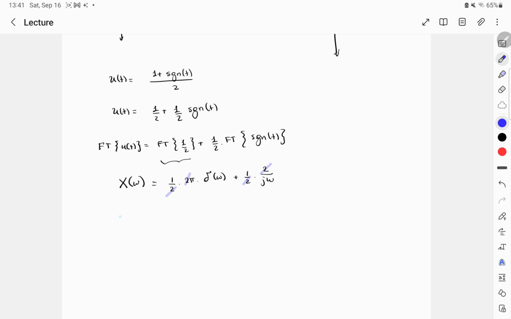Eventually we have our result: pi times delta(omega) plus 1 over j omega. Here we have concluded our example, and this is the Fourier transform of a unit step function.